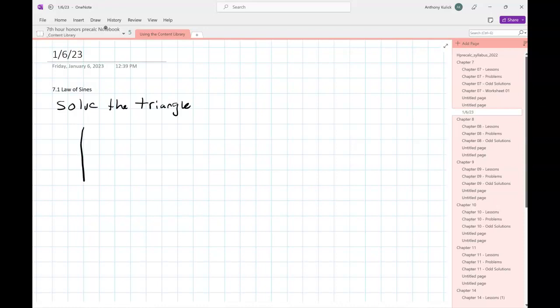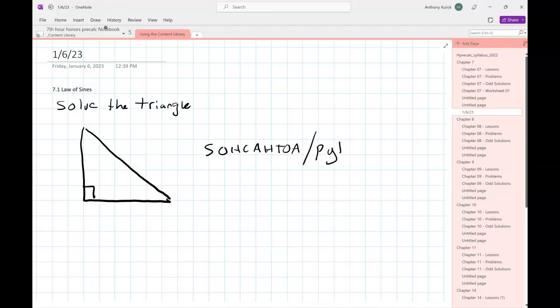Now, in the event that it was a right triangle, this was pretty easy. We could just use SOHCAHTOA and/or the Pythagorean theorem. And that's really all we needed to be able to find side lengths and angle measures inside of a right triangle, right? We did that a little bit first semester. You probably did it a lot in geometry.